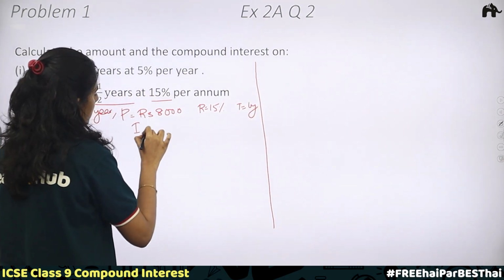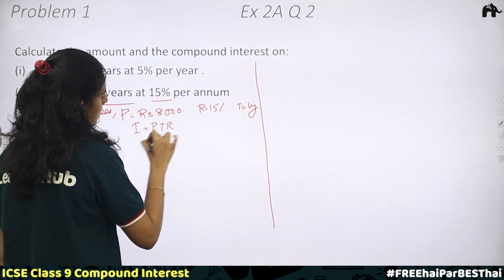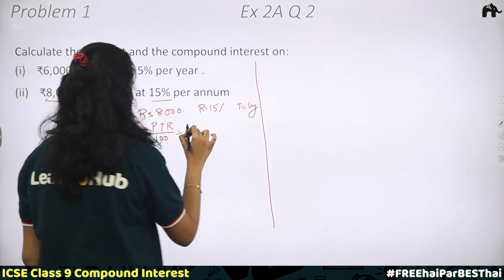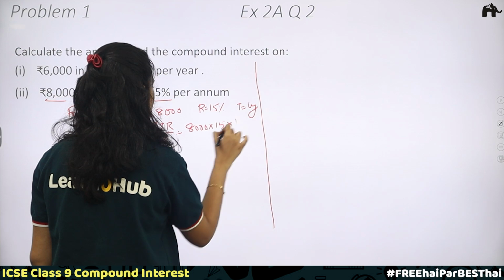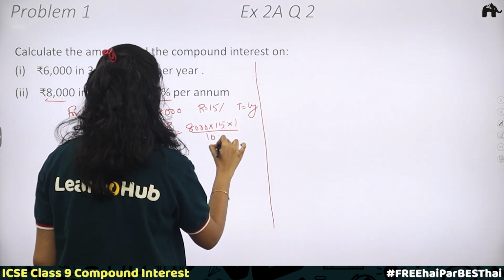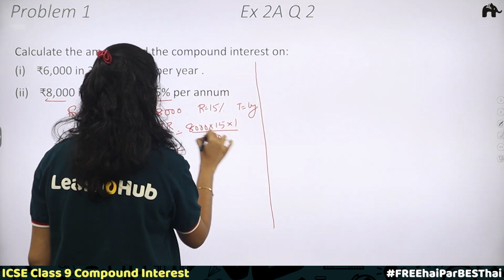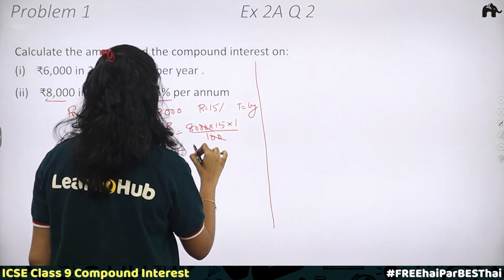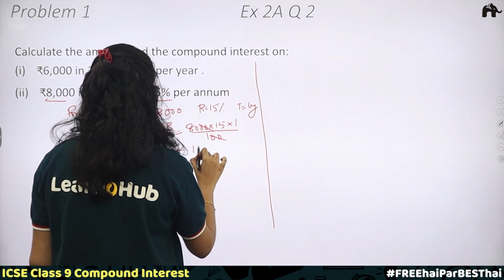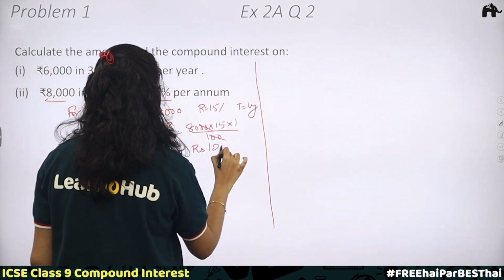Then the interest will be equal to PTR by 100. That is 8,000 into 15 into 1 divided by 100. Zeros get cancelled. 15 into 8 will be equal to rupees 1,200.